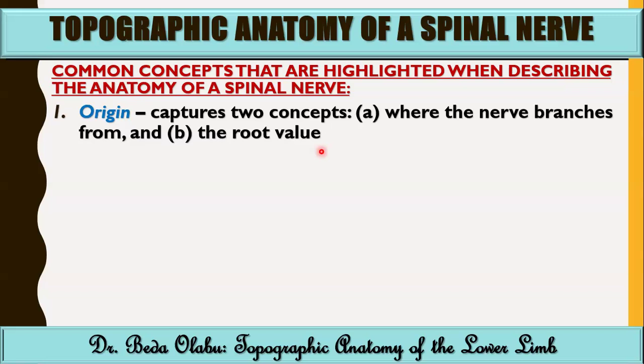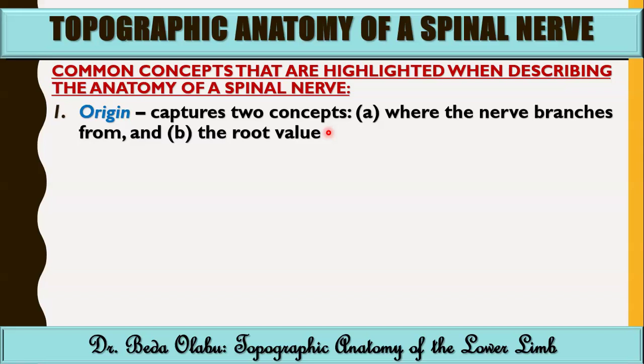But then that brings us to the second concept, the root value. What's the root value of a nerve? The root value of a nerve refers to the spinal cord segments that contribute to the formation of that particular nerve. I've already told you about segments of the spinal cord. Cervical has 8 segments, C1 to C8.